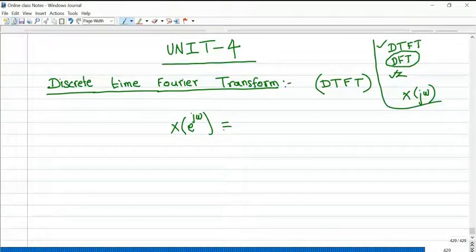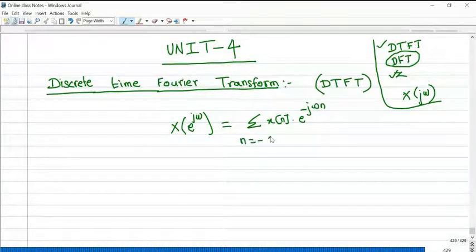So for discrete time Fourier transform, the representation is X of e raised to j omega. The formula is summation x of n e power minus j omega n, where n varies from minus infinity to infinity. So this is the DTFT of a discrete time signal x of n.